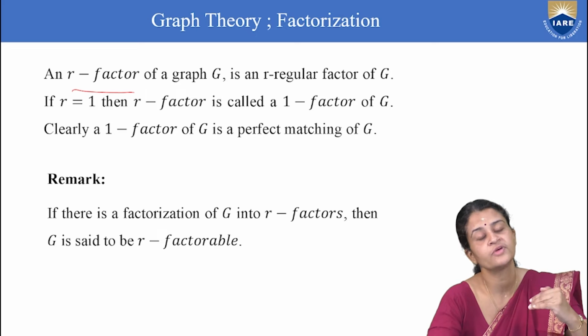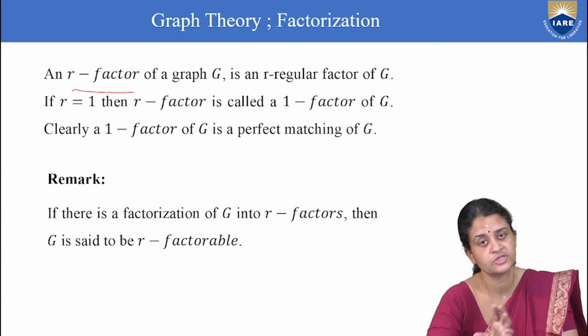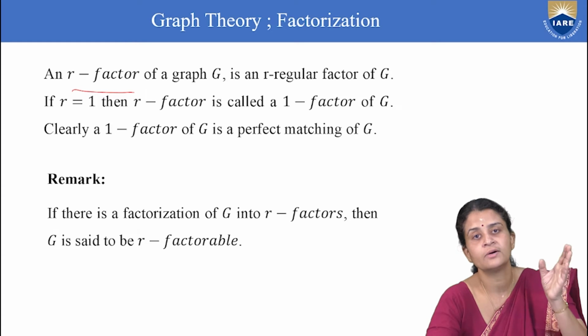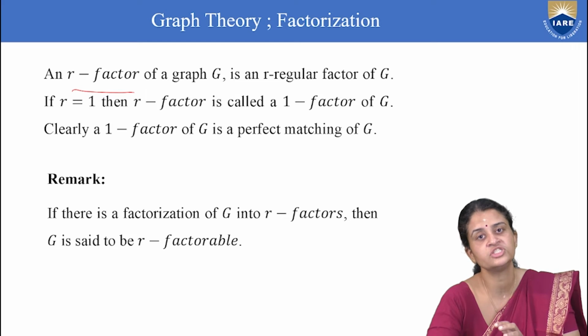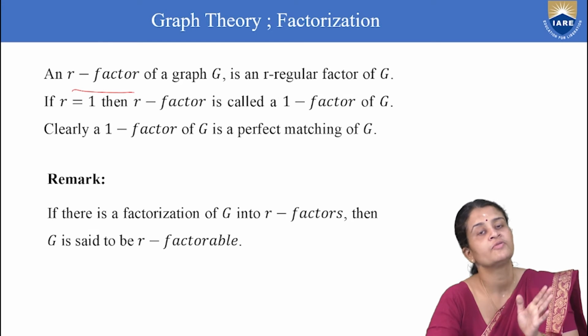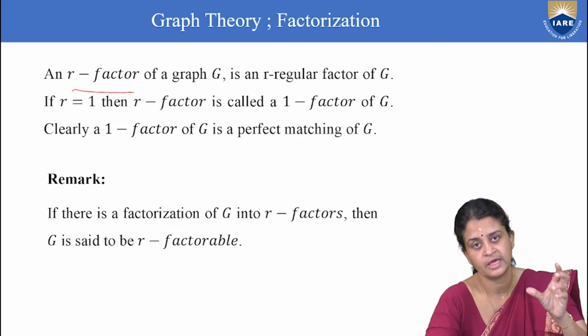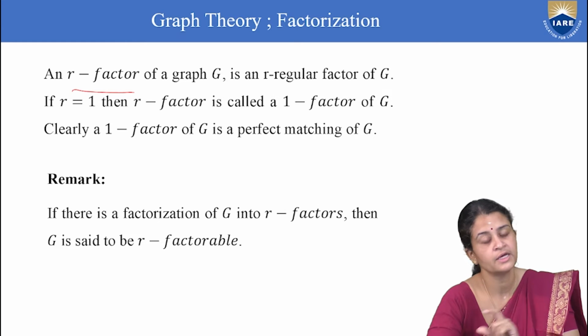When we are factorizing G into G1, G2, etc., we get edge disjoint subgraphs G1, G2, etc., Gm. And when we take each Gi, every vertex will be of degree r.